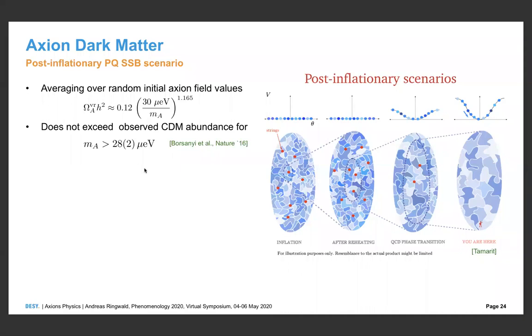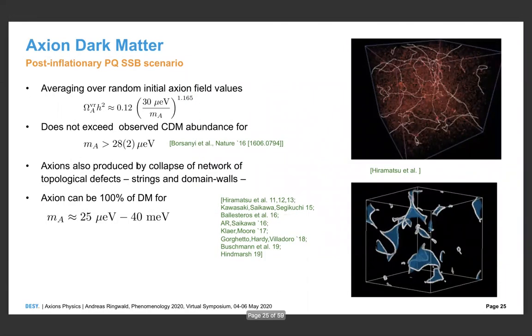Moreover, in this case, axions are also produced by the collapse of the network of topological defects like strings and domain walls, which introduces a very large uncertainty, because at the moment these string and domain wall networks cannot be simulated at the real physical sizes.